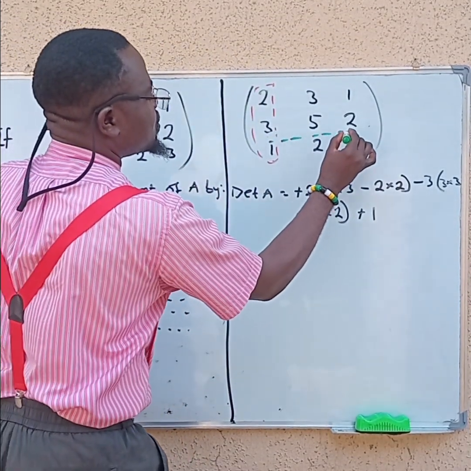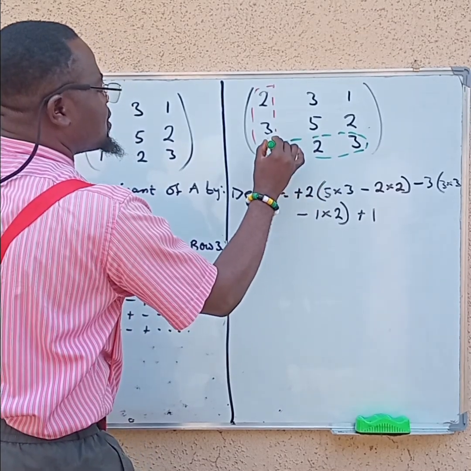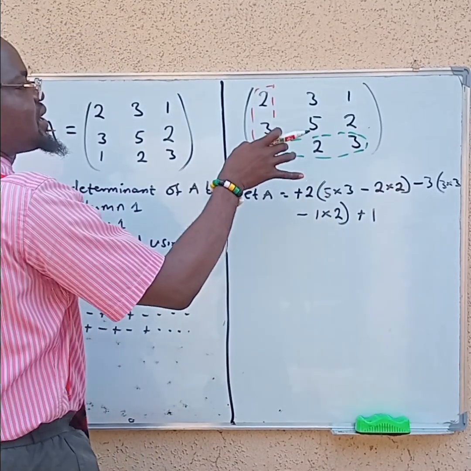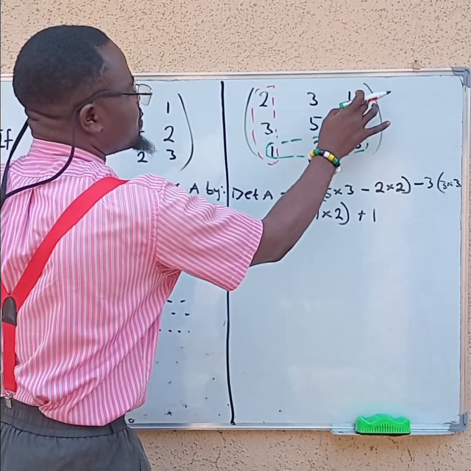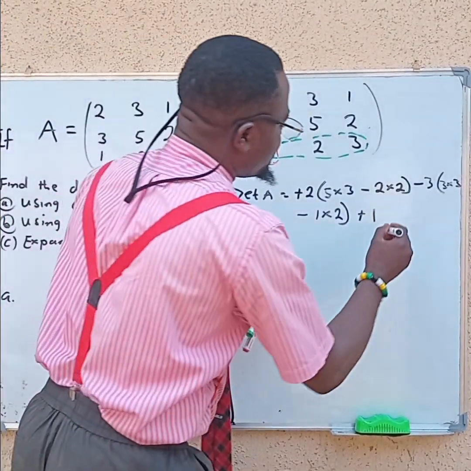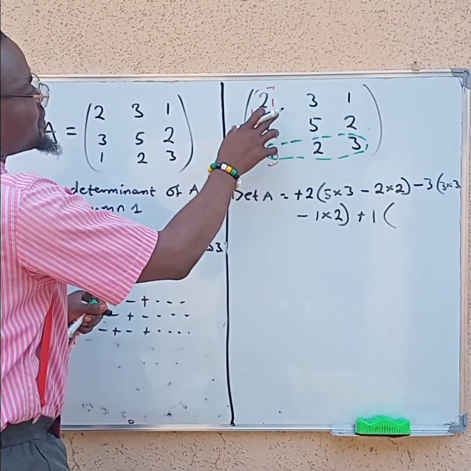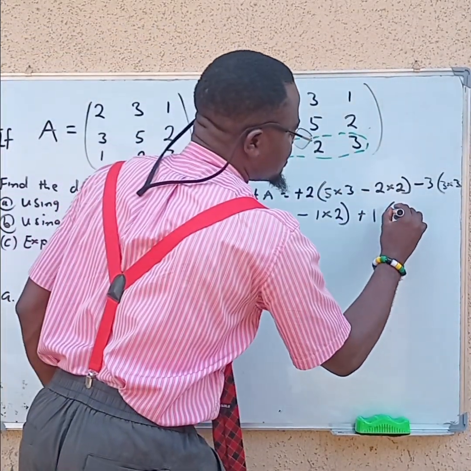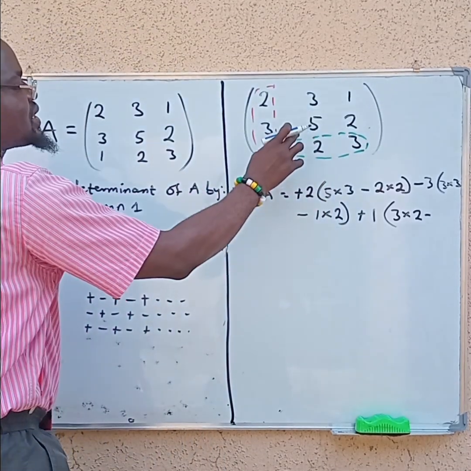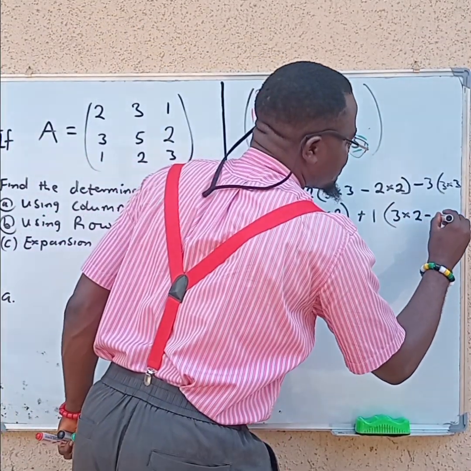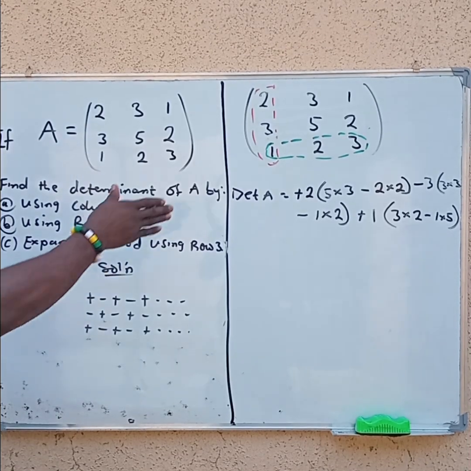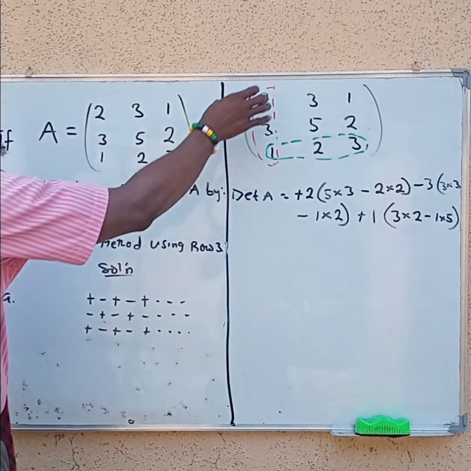As you are doing this, you close everything that has to do with 1 here and here. So I'm left with 3, 1 and 5, 2. I open my bracket: 3 times 2 minus 1 times 5. Can you see it? So that's how to use column 1.